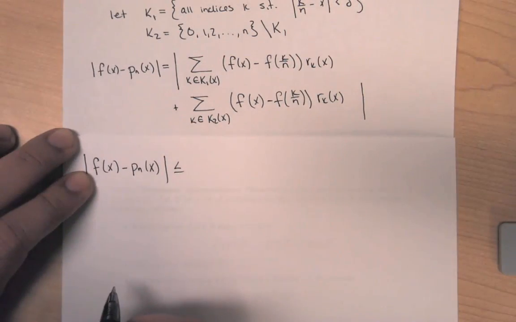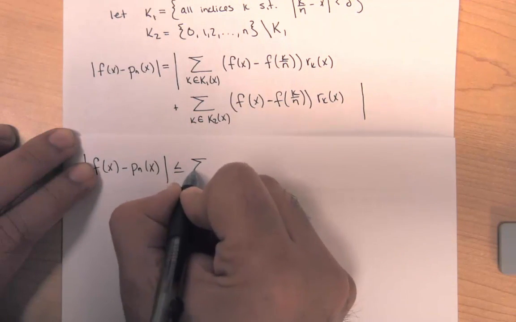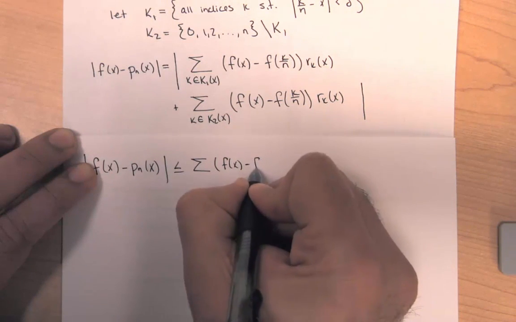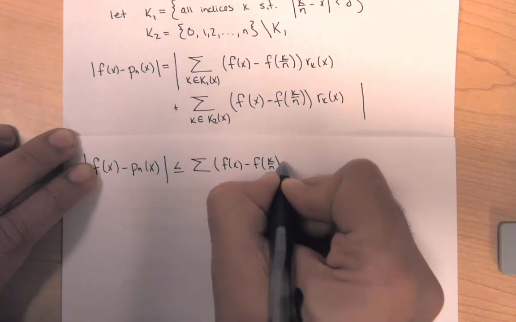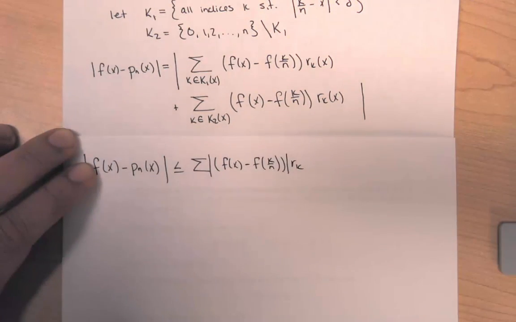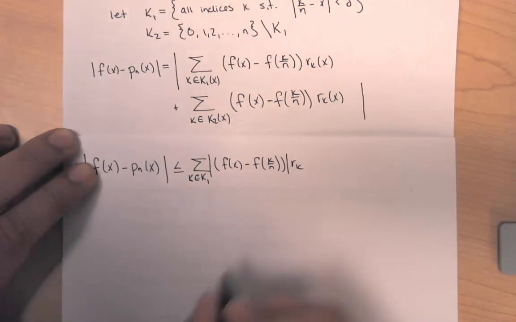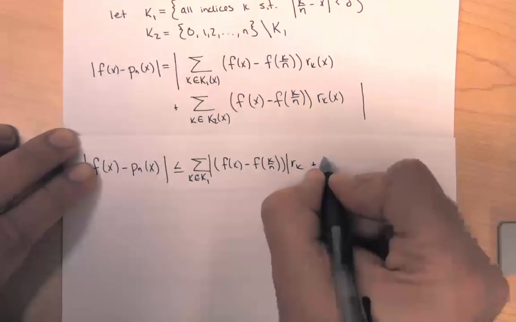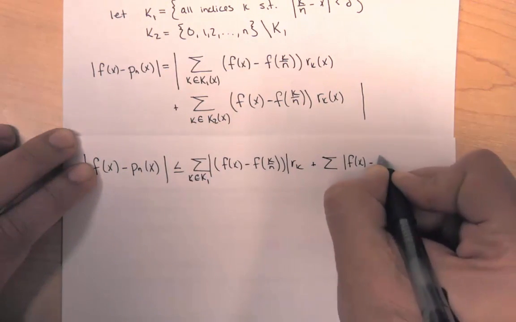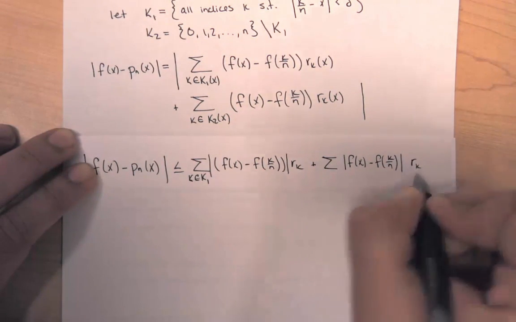Now using a beefed up triangle inequality, I get the sum over k1 of the absolute value of f of x minus f of k over n times rk, plus the remaining sum over k2 of the absolute value of f of x minus f of k over n times rk.